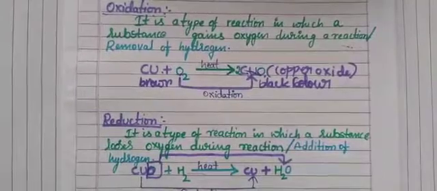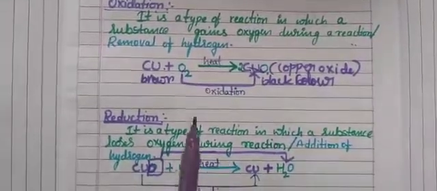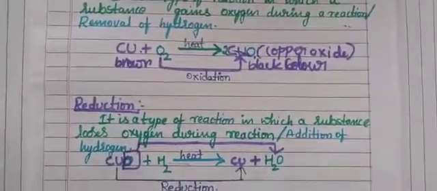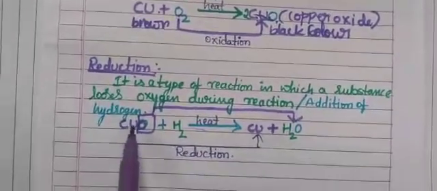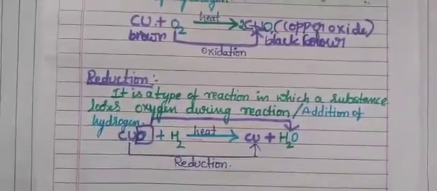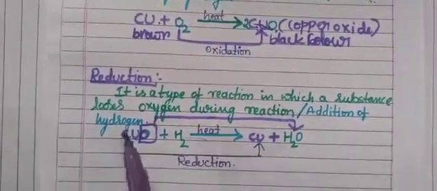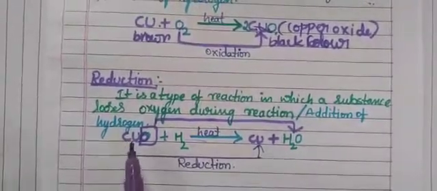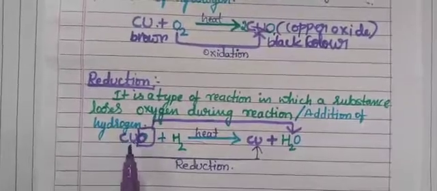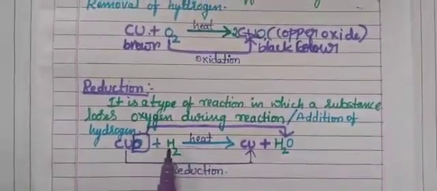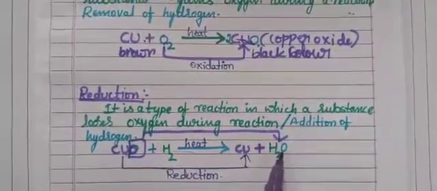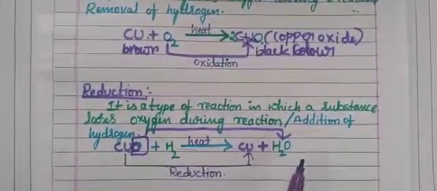So during this reaction, the copper oxide is losing the oxygen, right? Look here, copper oxide is losing oxygen, and it is being reduced. Here the compound reduced is copper oxide. And this hydrogen is getting the oxygen, so that's why it is oxidized.